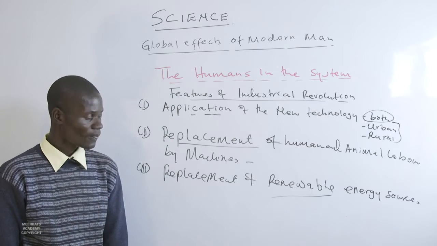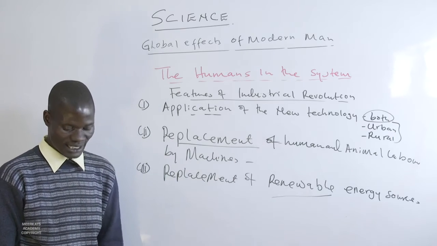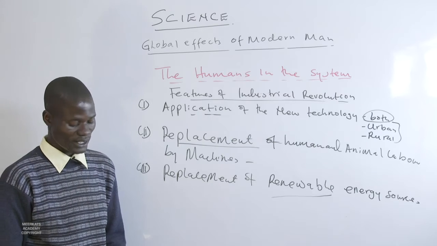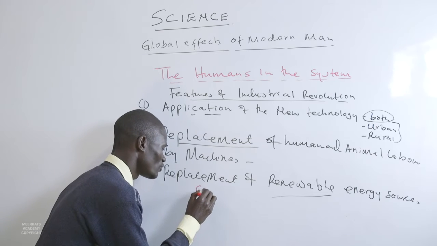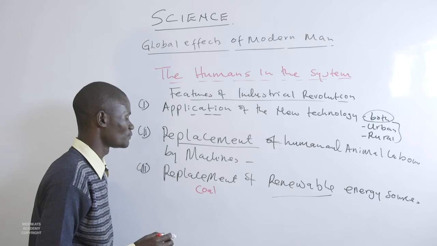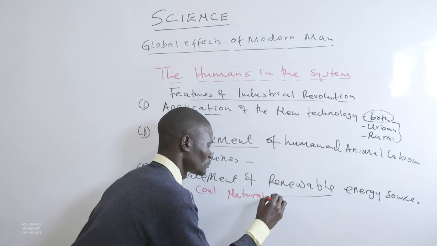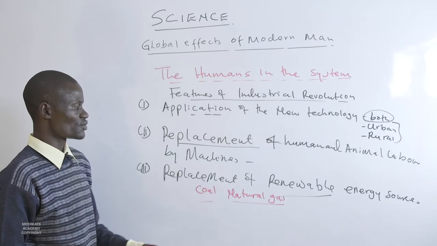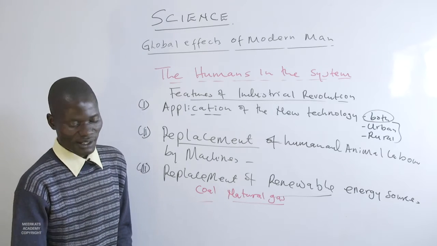These were replaced, and then people adopted what we call the non-renewable energy resources such as fossil fuel. There was high demand for the use of coal and natural gas. This replaced the use of renewable energy sources such as wind and solar.